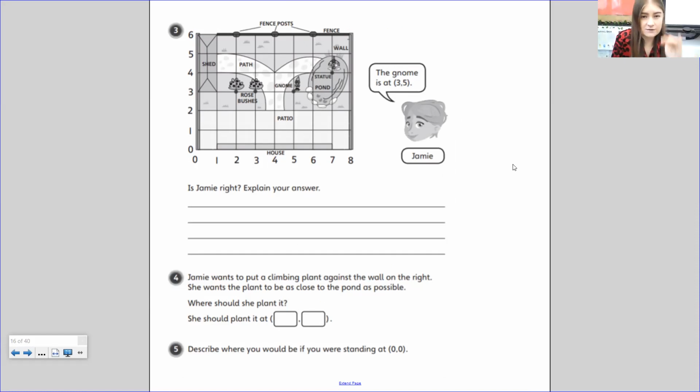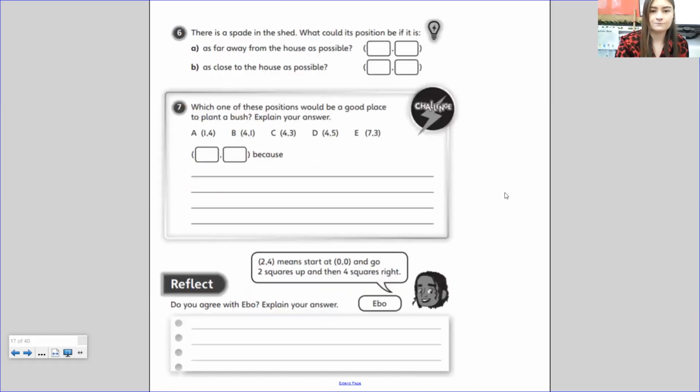Or if it's close to the house, but still inside the shed, where could that be? Now, because we're looking at coordinates and coordinates can't go in the middle, you're not going to have to, but you could have 2 coordinates. So it could be this one and this one for far away, or it could be this one or this one for close. So you've got 2 options for that.